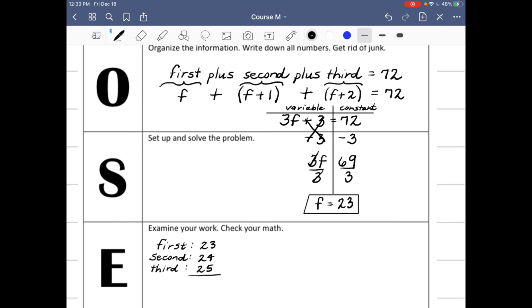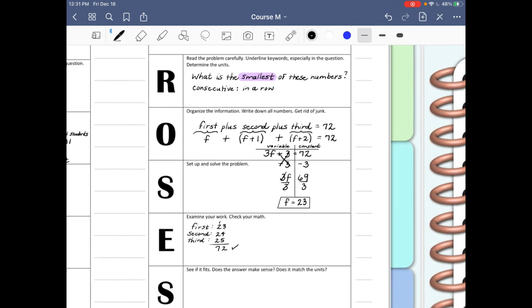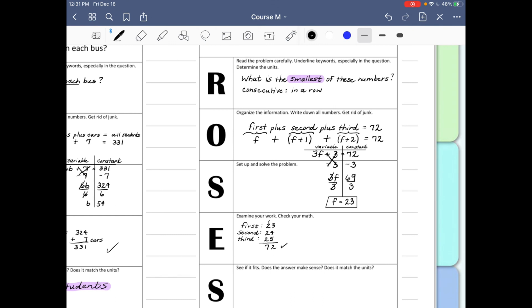And if we add those, we get 9, 10, 11, 12, carry 1. There we go. So this definitely checks out. And we were told to find the smallest number of those three. So the smallest of the three is what? 23.